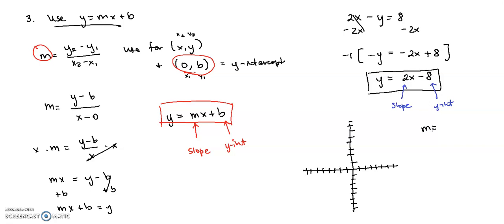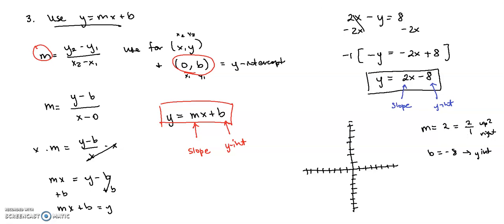So the slope is 2. That's the same as 2 over 1. That tells us to go up 2 and right 1. And the y-intercept is negative 8. That tells us where to start. So the y-intercept tells us where to start, and the slope tells us where to go from there.